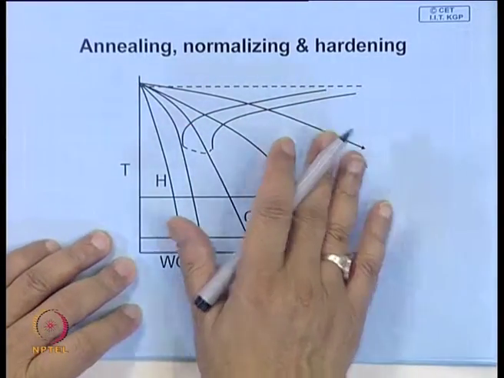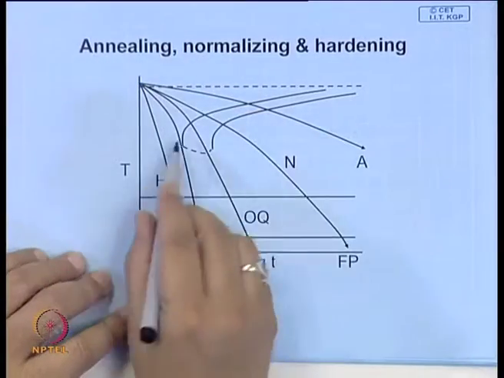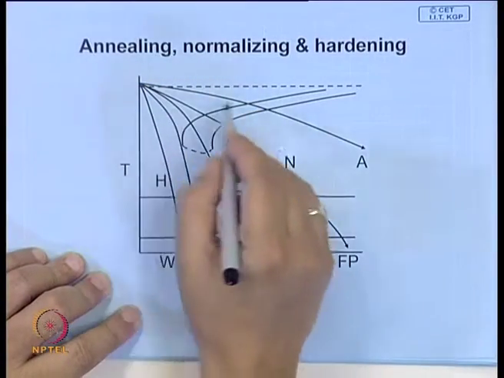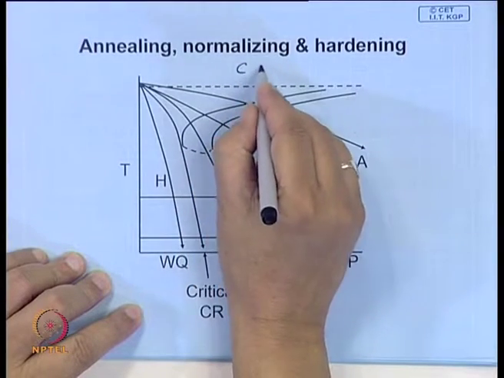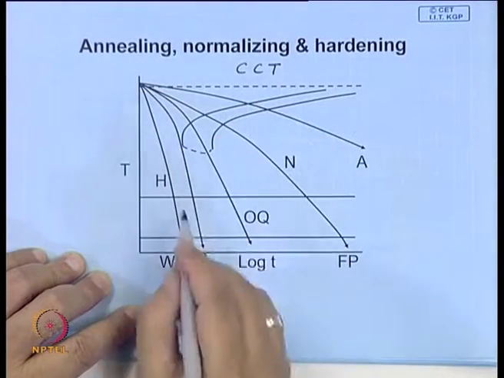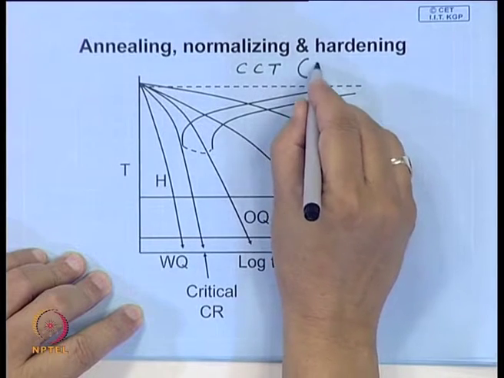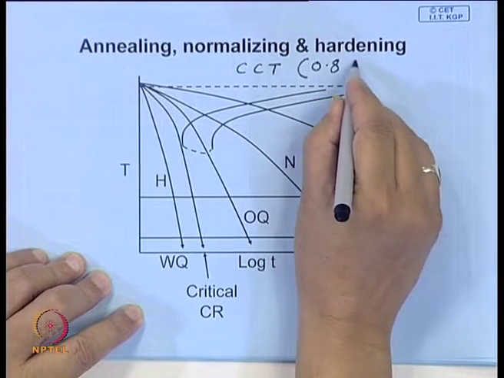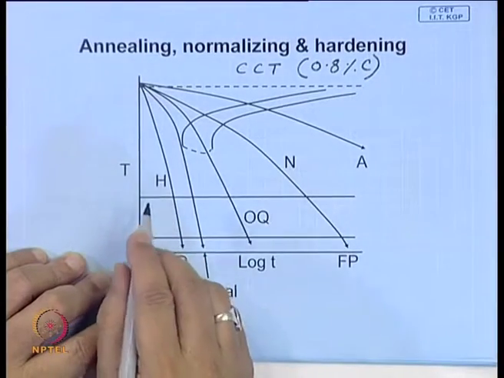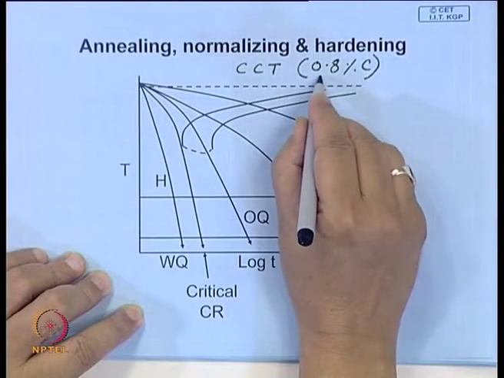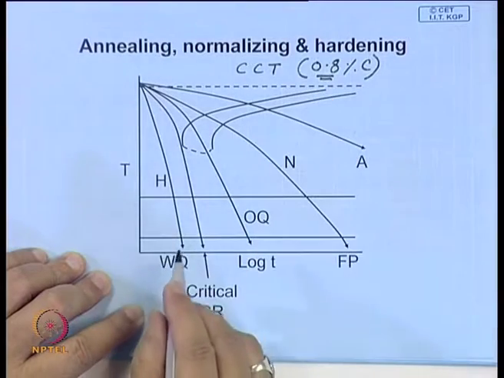If you superimpose the cooling curve on the continuous cooling diagram, what we have drawn here is a CCT diagram, and this is for 0.8% carbon steel, or more specifically eutectoid steel.